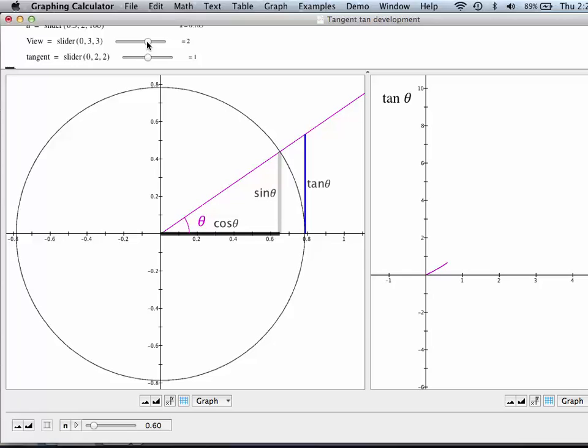0.65. No, so you're just picking up the scale. What is cosine measured in? Cosine's measured in radius lengths. So it's not 0.65 radius lengths. What was it more like? 0.2, 0.4, 0.6, 0.8, 1.